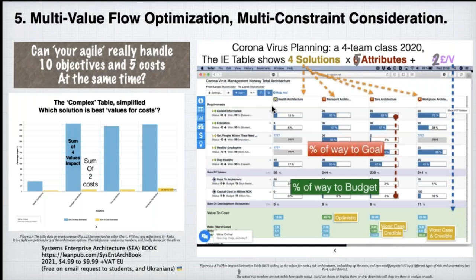What we're doing with these little bar charts is saying, okay, this health architecture, how much does it move us in our collect information value from present status of 50 to the level we want to get to, 90, on some defined scale of measure? And the answer is a disappointing 13% of the way, from 5 to 55. Well, not a total failure, but nothing to write home about.